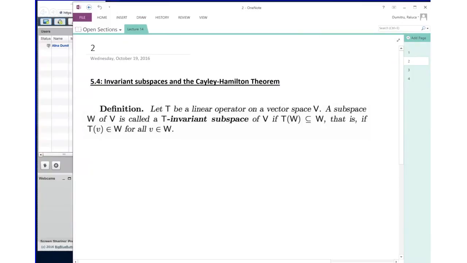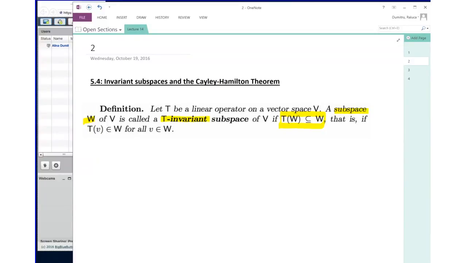So you have a linear operator T on a vector space V, and then you're taking the subspace W of V. So subspace W of V is called T invariant if this thing holds: if when you apply T to something in W, you still land in W.